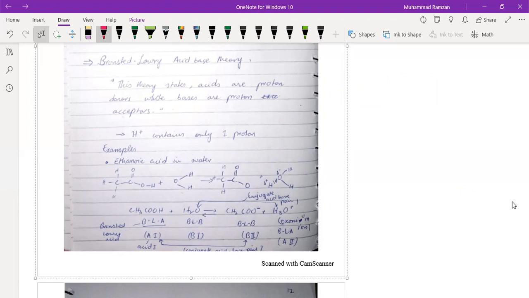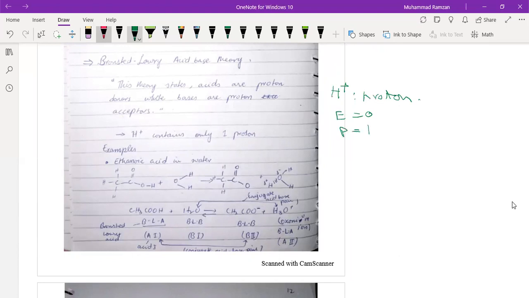Proton, you can say, if I say H plus is proton, do you agree? Yes, yes. Because H plus has 0 electron, proton is 1, and neutron is 0. 1 minus 1, it is 0.